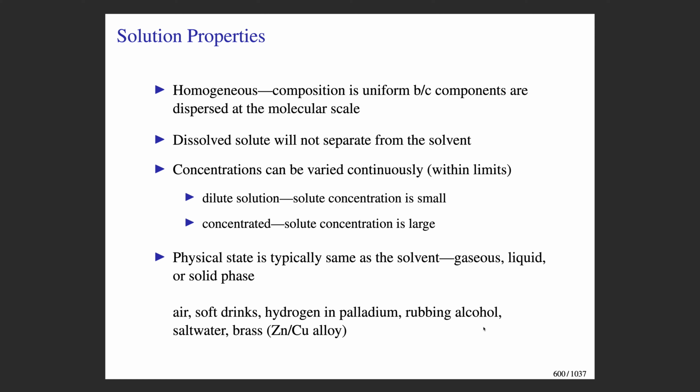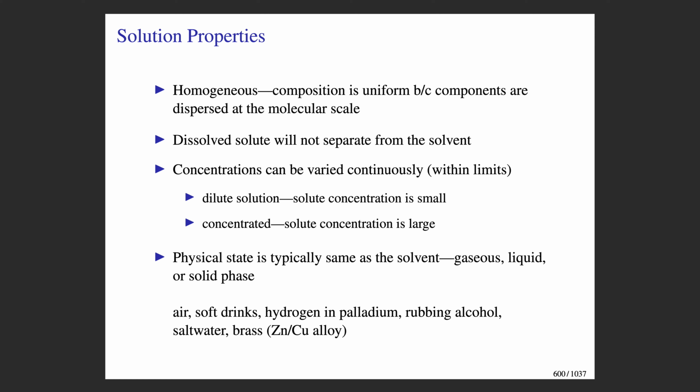There are different types of solutions. You can have gaseous solutions, like air, which is a mixture of different gases mixed at the atomic level, and it's stable. You can also have liquid solutions, like we've been talking about, and there are also solid solutions. For example, metal alloys, like brass down here, which is a combination of zinc and copper mixed together at the atomic level.